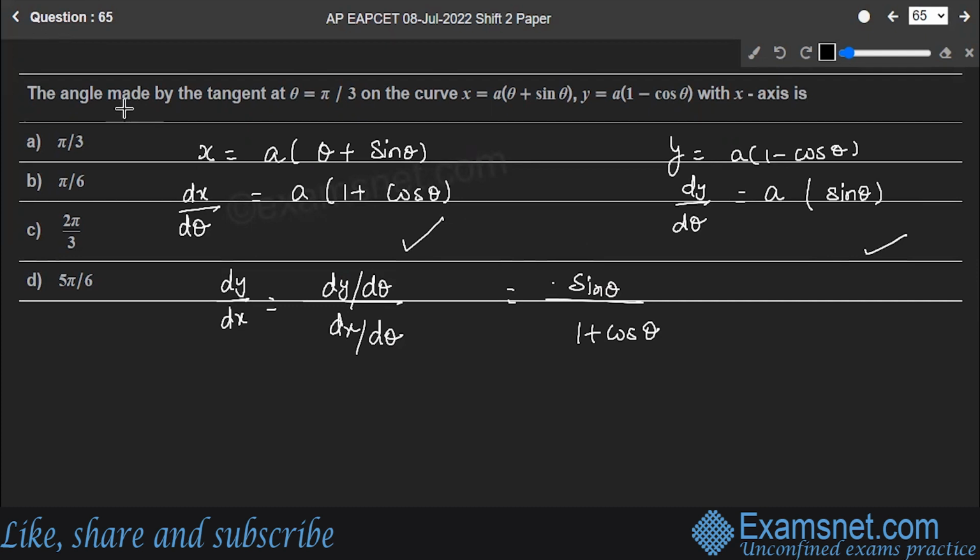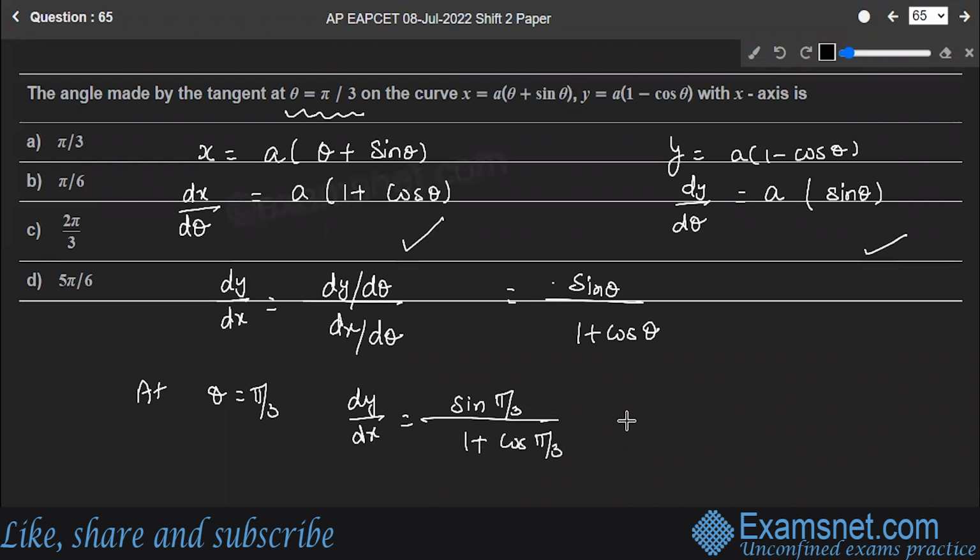Now read the question again. It says the angle made by the tangent at theta equal to pi by 3 on this curve with the x-axis is. So at theta equal to pi by 3, dy by dx is equal to sine pi by 3 upon 1 plus cos pi by 3.